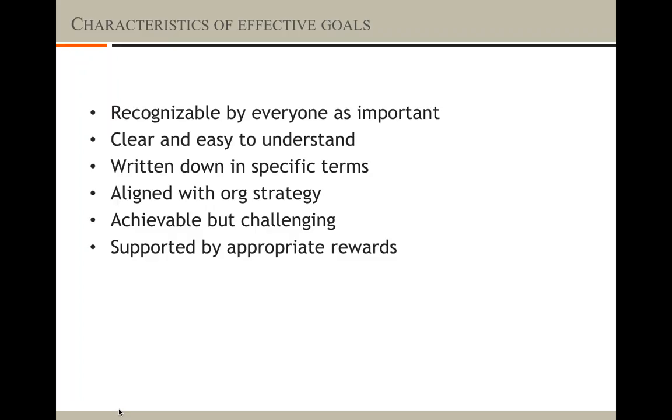And then they should be supported by appropriate rewards. So this is also very important. Rewarding mechanism should also be aligned with the goals. There should not be any disconnect between goals and rewards. So this leads to a good performance management system when the rewards are also properly defined. That if an employee achieves X, then how am I going to reward that employee?